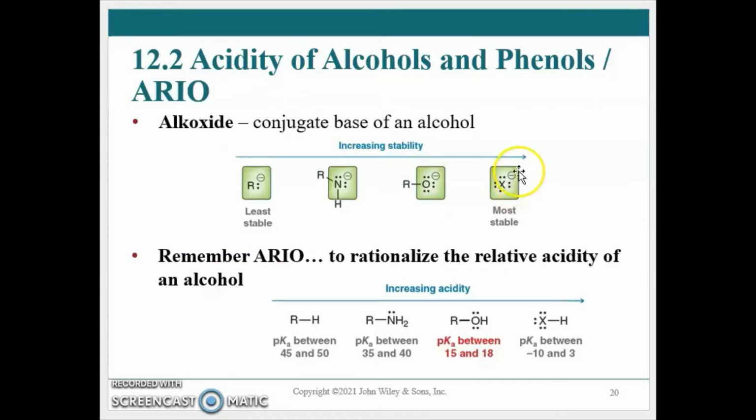In comparison to halides, which can form a stable conjugate base because they're able to stabilize the negative charge, the alkoxide ion, to a lesser extent, but still fairly well, is able to stabilize that negative charge.